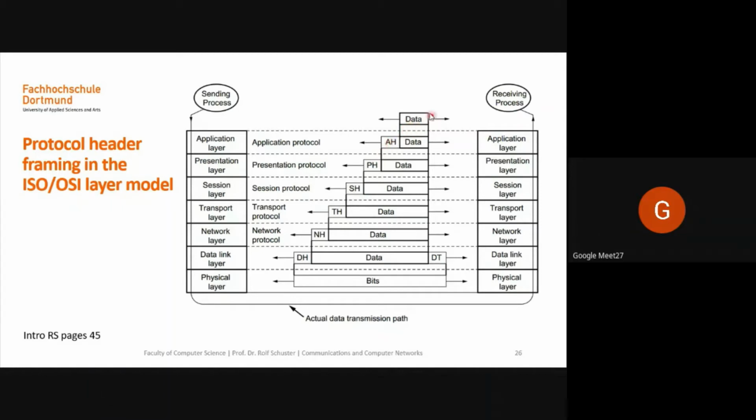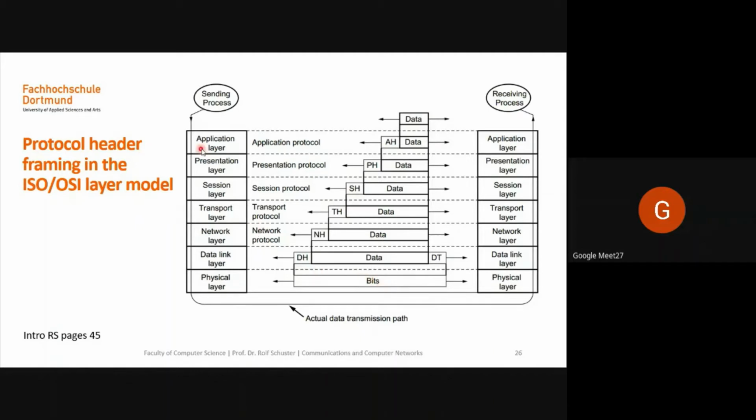We add to that data all the headers, all the protocol control information at each layer, until at the lowest layer, that is the physical layer, the information is transmitted across a physical link as a serial, bit-oriented communication.